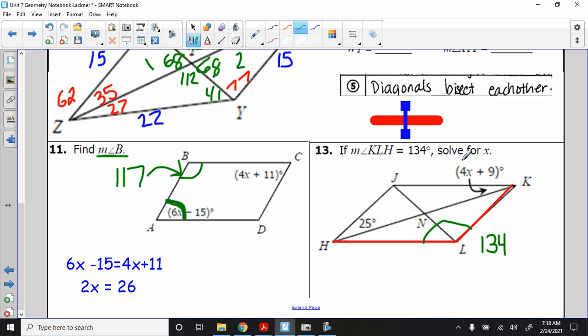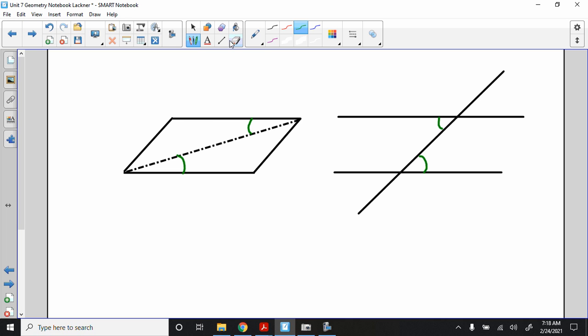Solve for X. Now let's go back to that picture I talked about here. Remember, on a parallelogram, it's different for other pictures, these are not equal on a parallelogram. You have to go to the other side and cross the transversal. These two are equal.